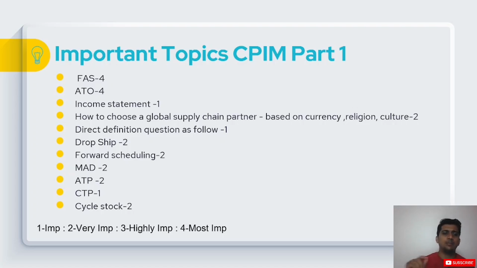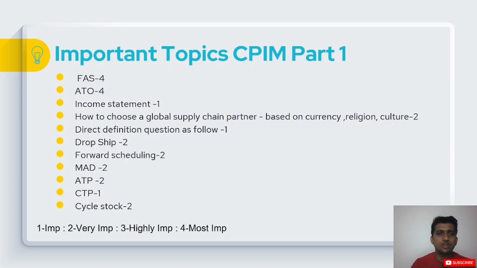If you see a number 1 it's an important question, number 2 it's very important, 3 highly important, 4 it's most important. This may vary from person to person when you are giving the exam, but these are the topics which you'll find a lot of questions in the practice quizzes, in the CPM learning system, even Pocket Prep, and even the exam itself.